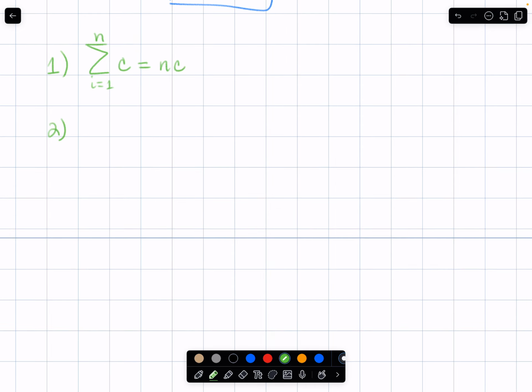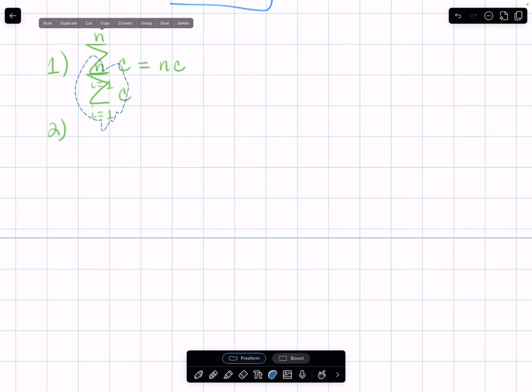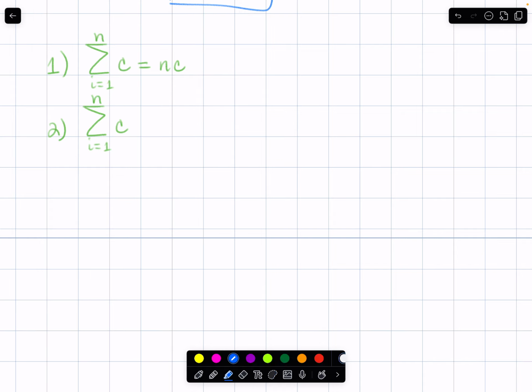Then the second one. Let's try to save some time and duplicate those things. It'll be the summation of some constant C times a bunch of terms that we don't know, a sub i. If you multiply that, you can just move the constant to the front and multiply with the rest of the stuff.